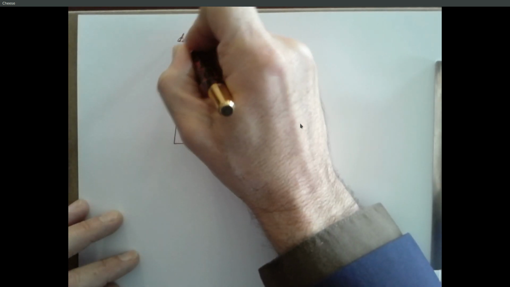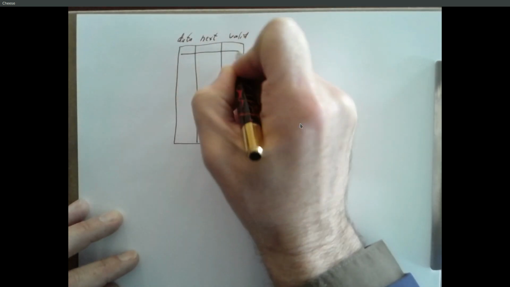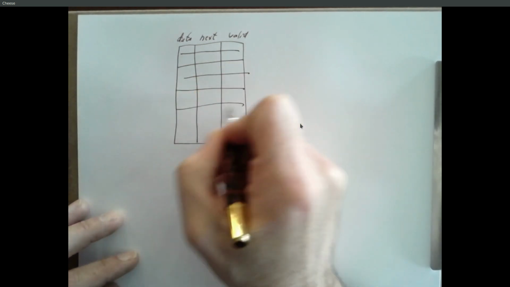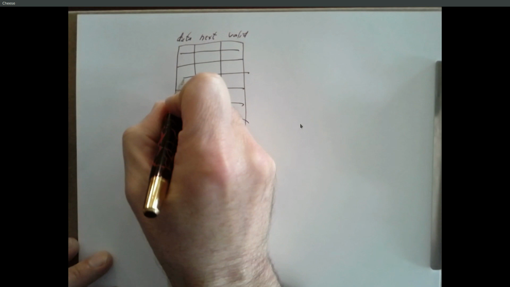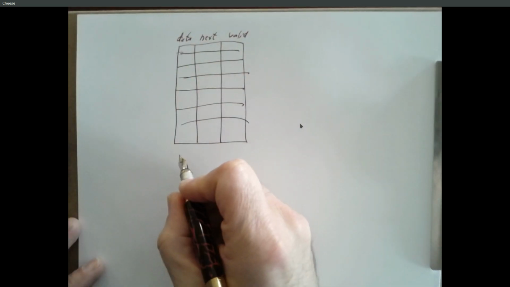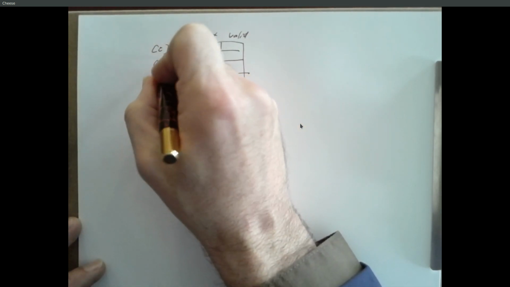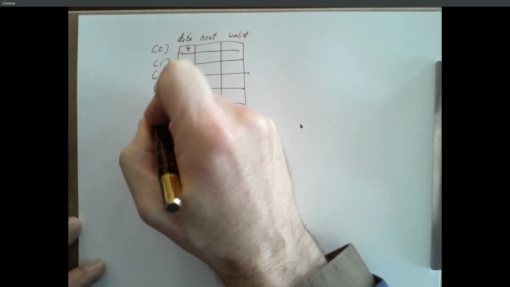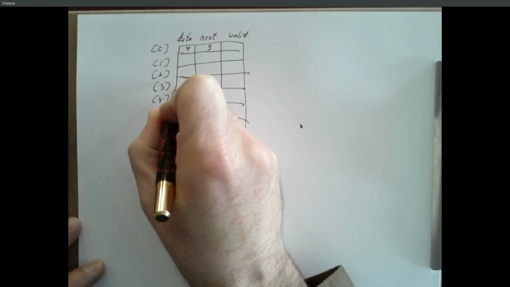We had something called data, something called next, and valid. And if this had a 4 and that was the first element, and the next field was equal to, say, 3, it meant the second node was down here at index 3.